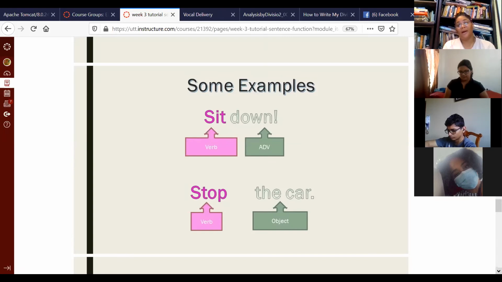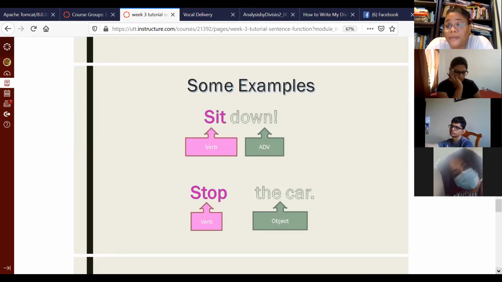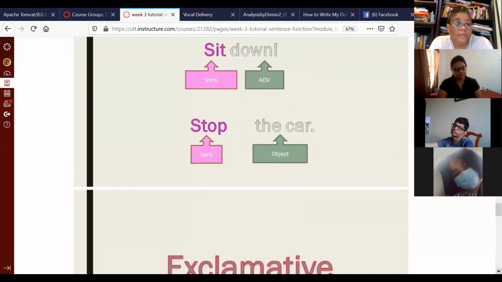Stop the car. So again, you stop the car. The car is the object. Stop is the second person verb or form of to stop. These are very special sentences. Notice these are complete sentences. The subject is implied. It's usually second person. Doesn't really work then if you're talking to a third person.